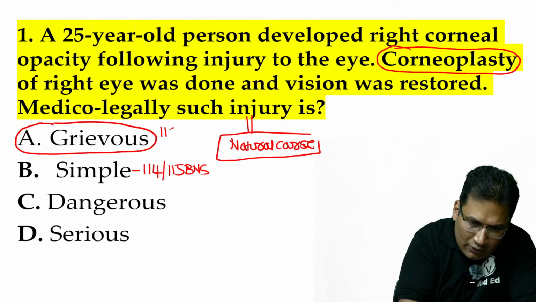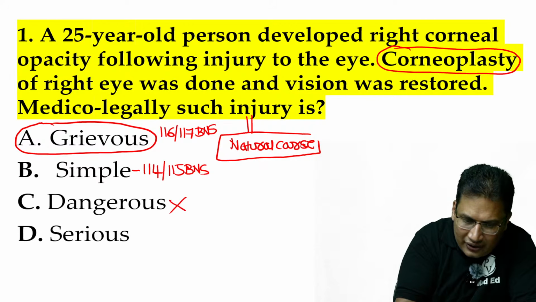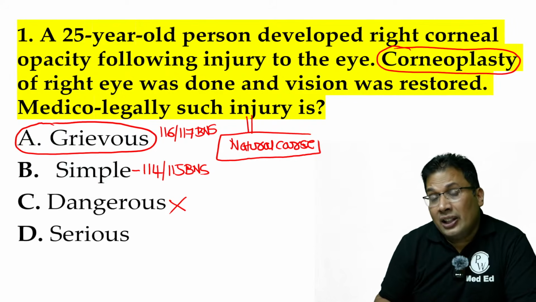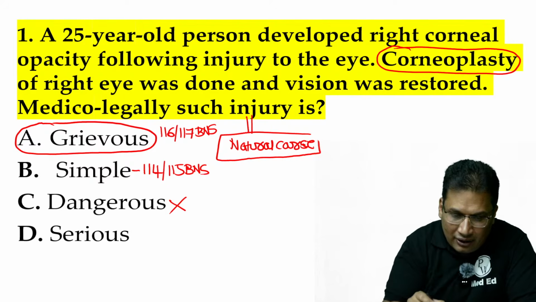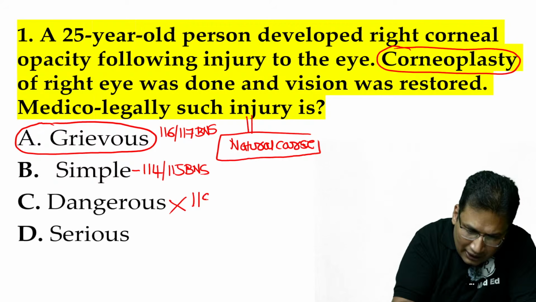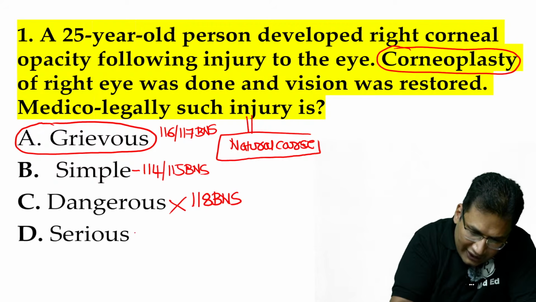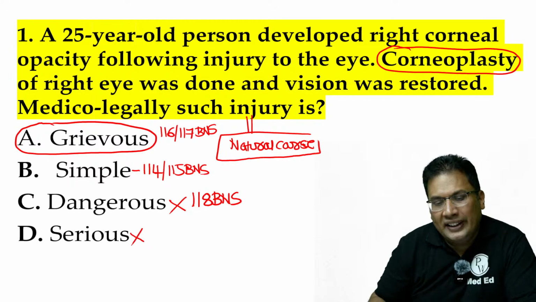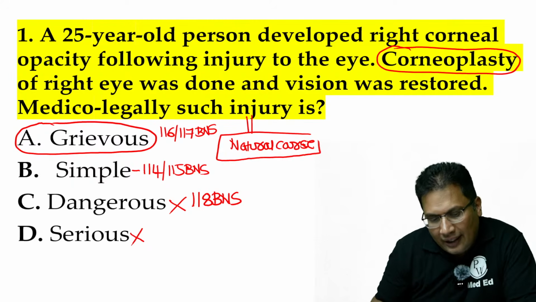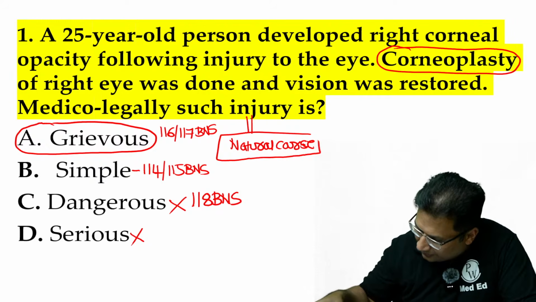Grievous hurt comes under 116 and 117 BNS. There is nothing called dangerous injury, but there is a dangerous weapon or the act which endangers life. Where is that written? Section 118 BNS. Serious injury? No, legally not defined. So A is the answer.